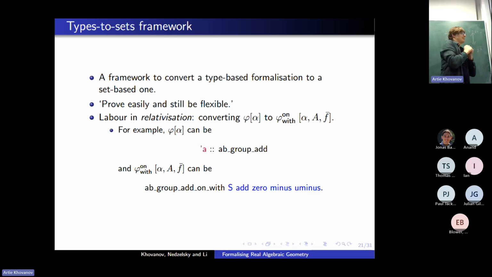Is this something that's done already? I mean, no. This is just something I've imagined. So the question is about going from set-based to type-based. The general consensus is that development in a set-based setting is much harder and takes more time, but it's usually much more flexible. This direction is actually quite straightforward. You can just define the type as the carrier set.